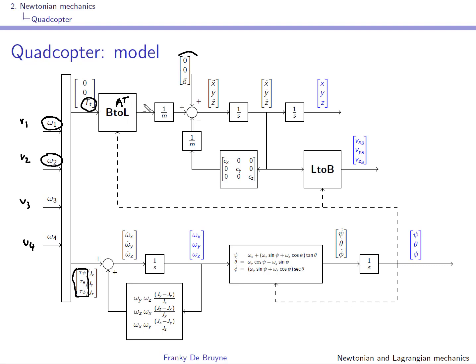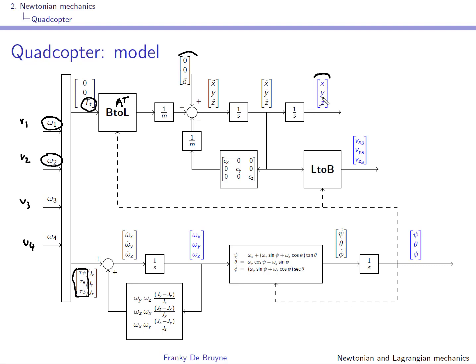This is the contribution of the thrust. If you integrate it twice, you have x dot, y dot, z dot, and then you integrate it again and you have x, y, and z, the position in the inertial frame given by the three states.